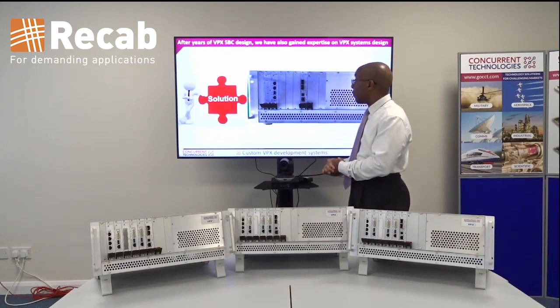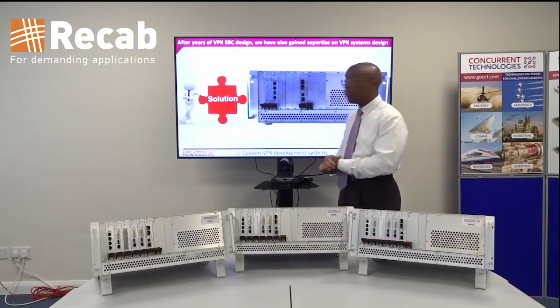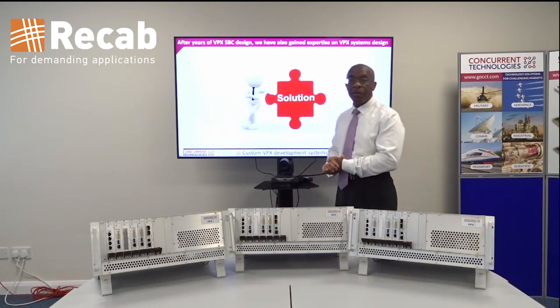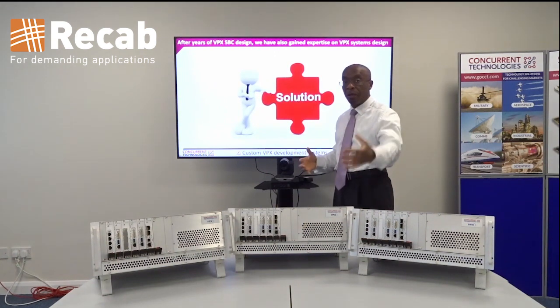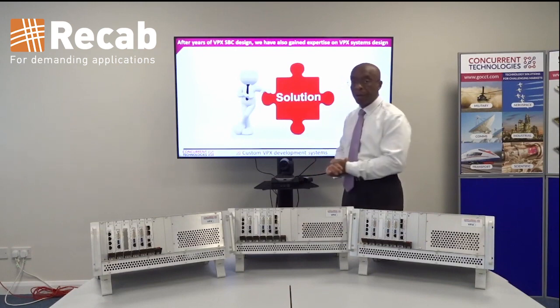Or if, for example, you have to provide a number of these development systems to various software teams, we can design this as an air-cooled system with I/O at the front and I/O at the rear via RTM. So all this is possible.